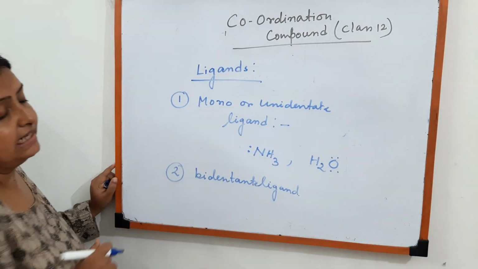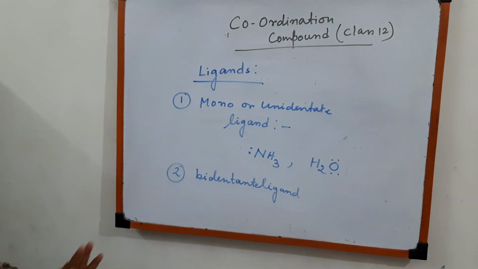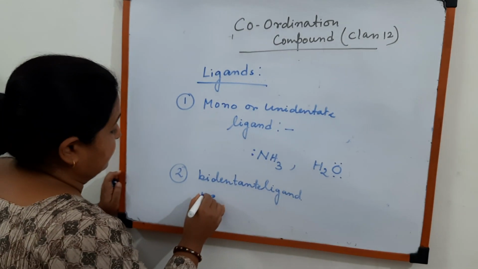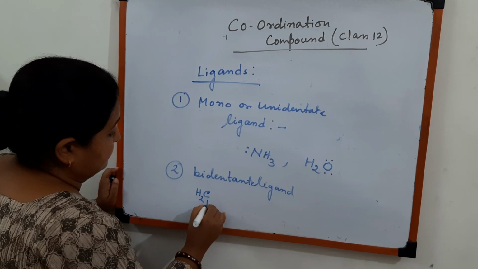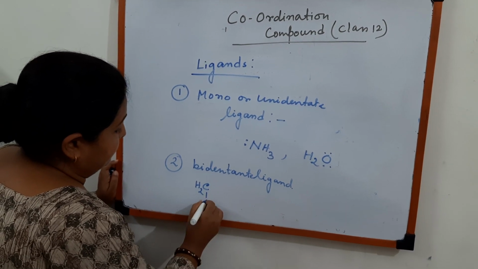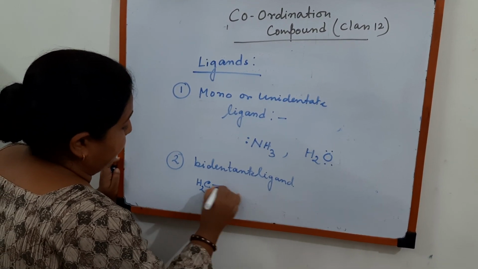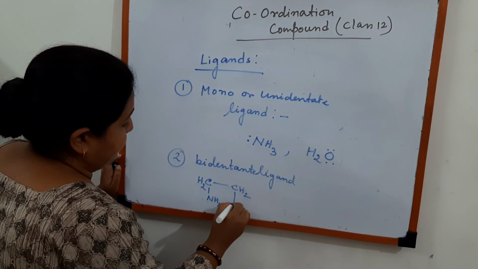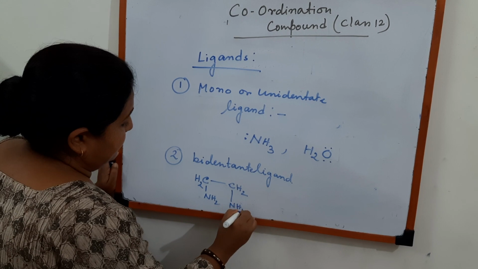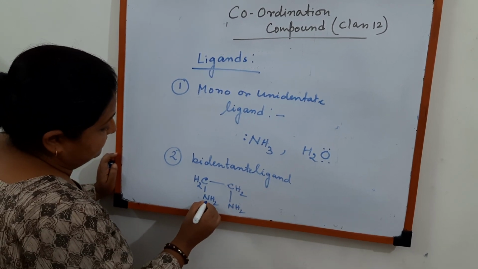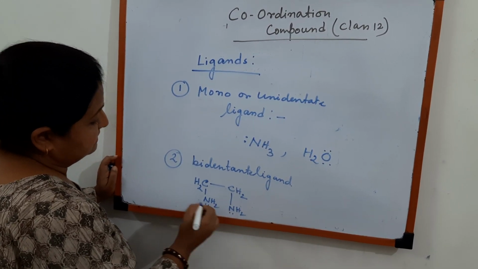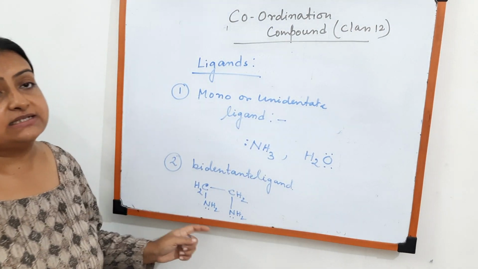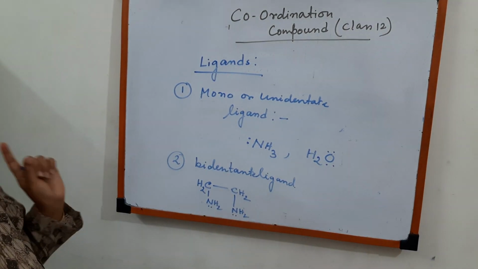In bidentate ligand, there are two donating sites simultaneously present, like ethylene diamine. Just see, this is the structure of ethylene diamine. And these 2 nitrogens donate the electron pair simultaneously to a metal atom.